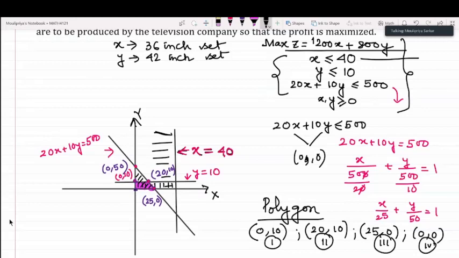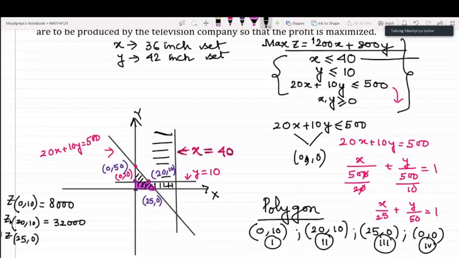Now you tell me, what would Z be at the point 0, 10? 8,000. Fantastic. What would Z be at the point 20, 10? 32,000. What about Z at 25, 0? 30,000. Of course, we need not check the fourth option because at the origin Z would be 0.